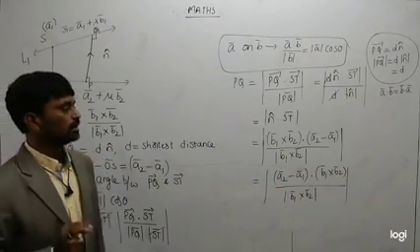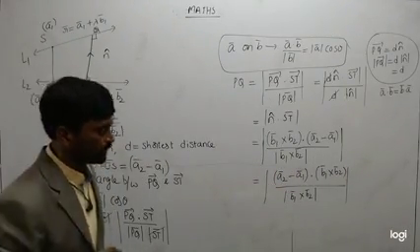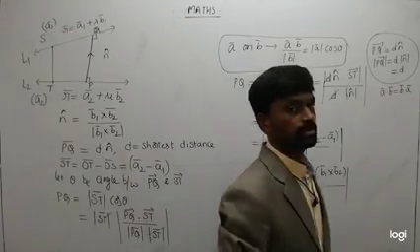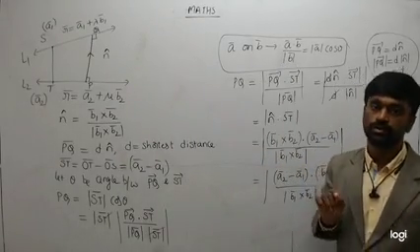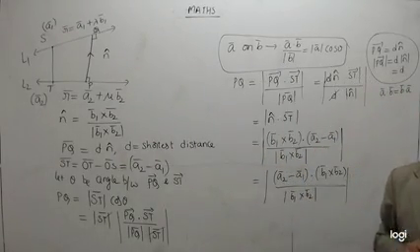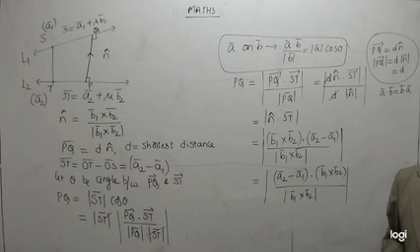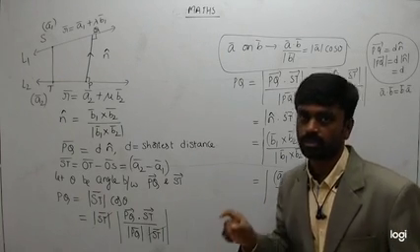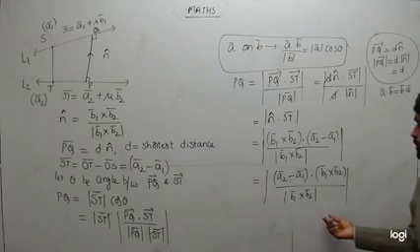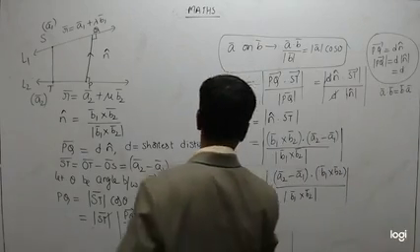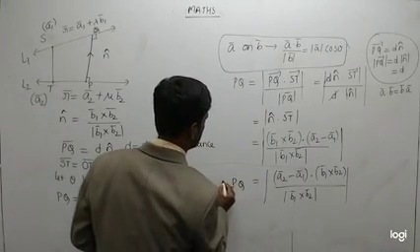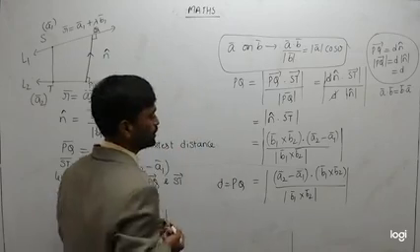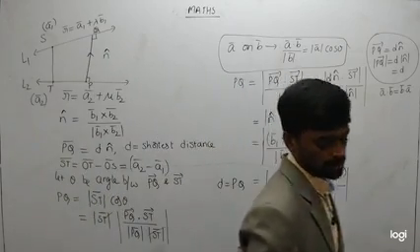So this is the formula to find the shortest distance between the given two skew lines when vector equations are given. When vector equations of the skew lines are given, use this formula to get the shortest distance.